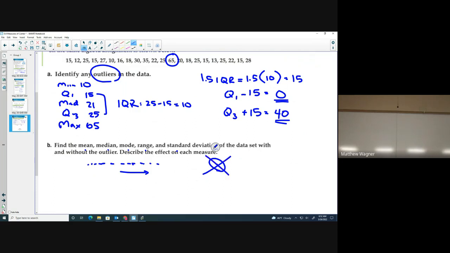If I remove it, then my data is going to have a more realistic center. Your range and your standard deviation are going to be much smaller if we eliminate that outlier. Outliers have an impact on our mean, and kind of stretch it out.